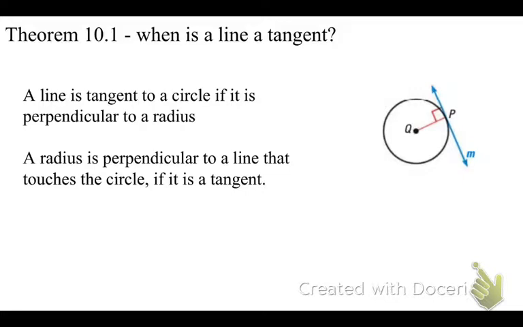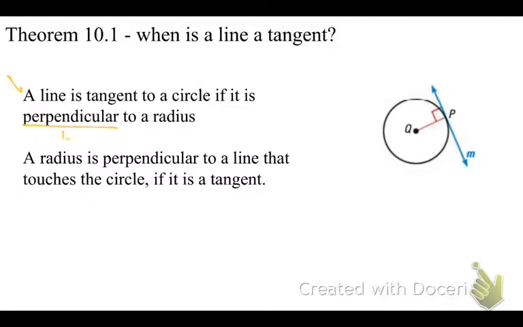Okay, so we're going to have our first theorem. And remember, a theorem can be proven. We're not going to do the theorem proofs, but we're going to kind of take it on face value. But these can be proven, and actually in Geo Honors, they do a lot of these proofs. So the first part of the theorem is that a line is tangent to a circle, this candidate would be line M, if it is perpendicular to a radius.